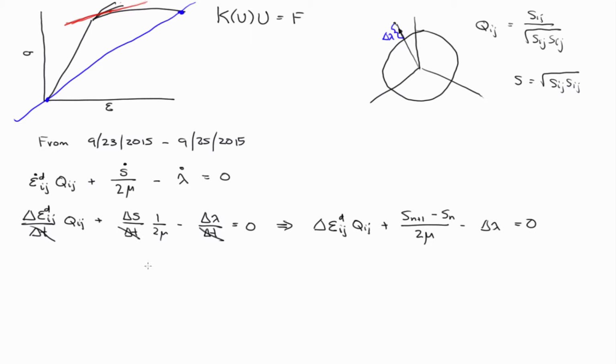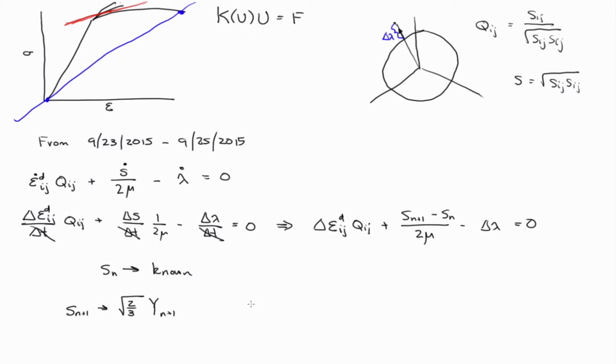Right? So here we know Sn is known, right? This is the magnitude of the deviatoric stress from the previous time step. Right? The Sn plus 1 is the square root of 2/3 y n plus 1. Right?